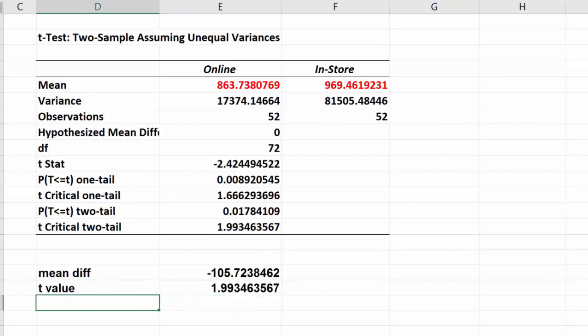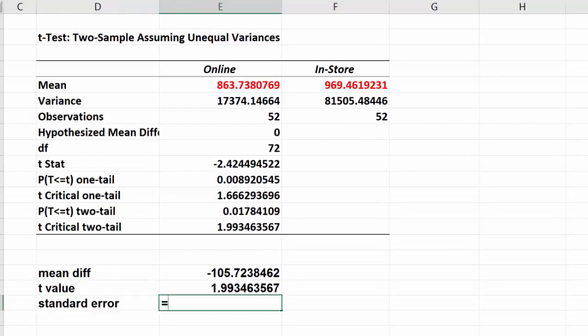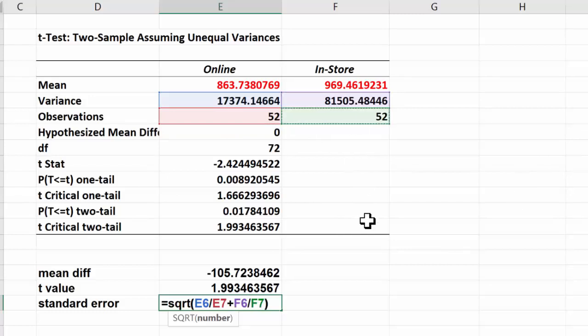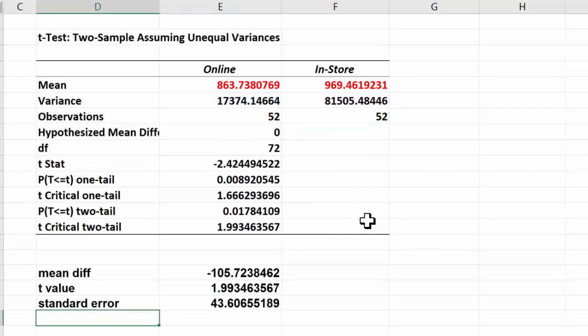So again, looking at our formula, the next thing that I need in order to come up with the margin of error is the standard error. And the standard error based on our equation is just the square root of the variance of the first one divided by its sample size, in this case 52, plus the second sample's variance divided by its sample size. And once I have the two, I can use the square root and find the standard error.